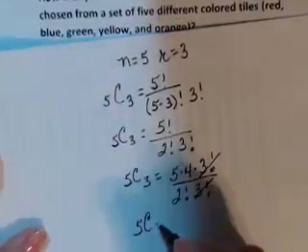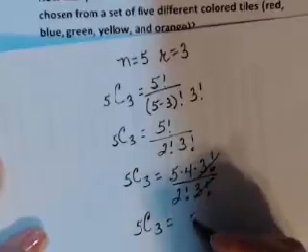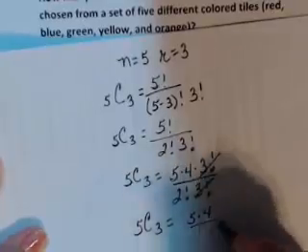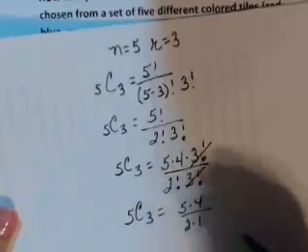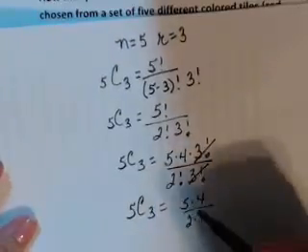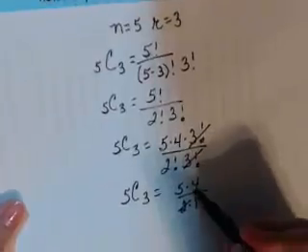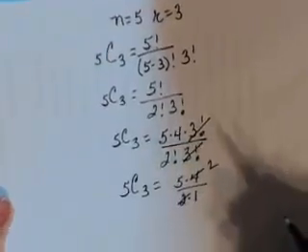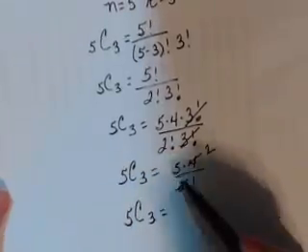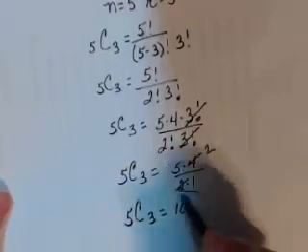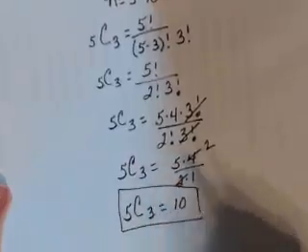So if I continue to solve, I have 5 times 4 on the numerator. 2 factorial in the denominator is just 2 times 1. So the 2 into 4 goes 2 times, and 5 items taken 3 at a time would have 10 different ways of writing them.